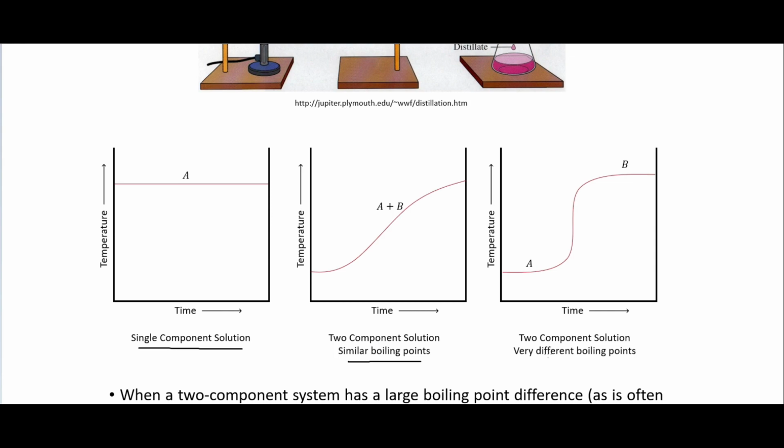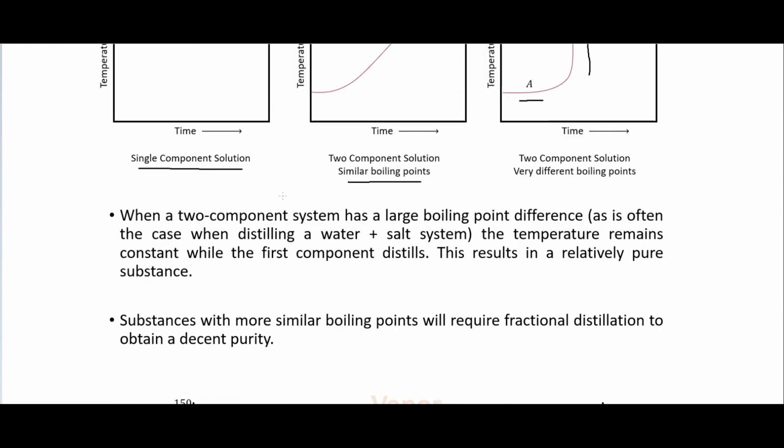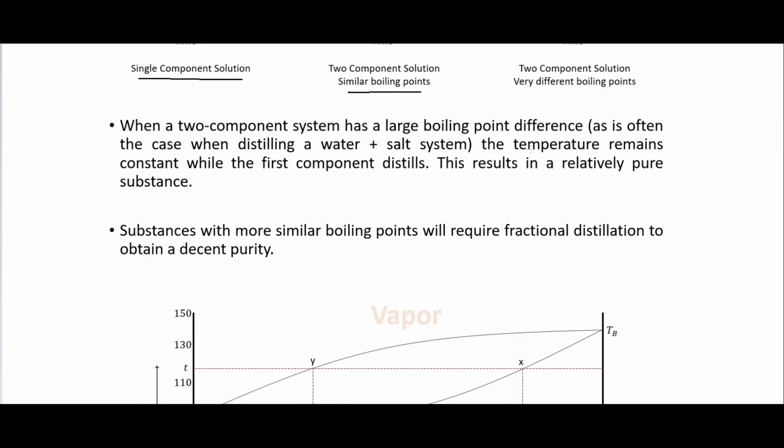And if we have a two-component solution with very different boiling points, then you'll pretty much boil off all of the A, and once all the A is gone, the temperature will go up pretty quickly, and then we will start boiling off the B. So when a two-component system has a large boiling point difference, as is often the case when distilling a water and salt system, since salt has a much higher boiling point than water, the temperature remains constant while the first component distills, say the water in our saltwater system, and this results in a relatively pure substance.